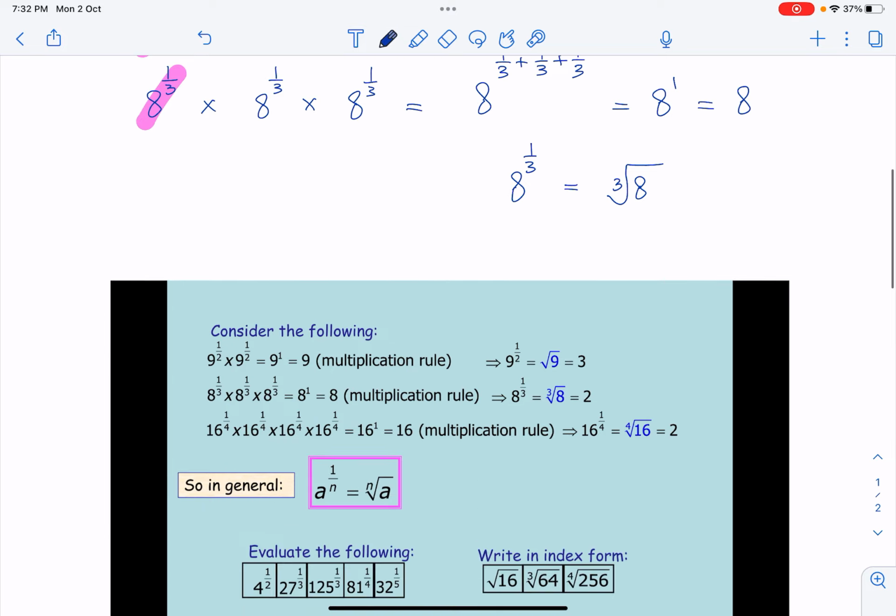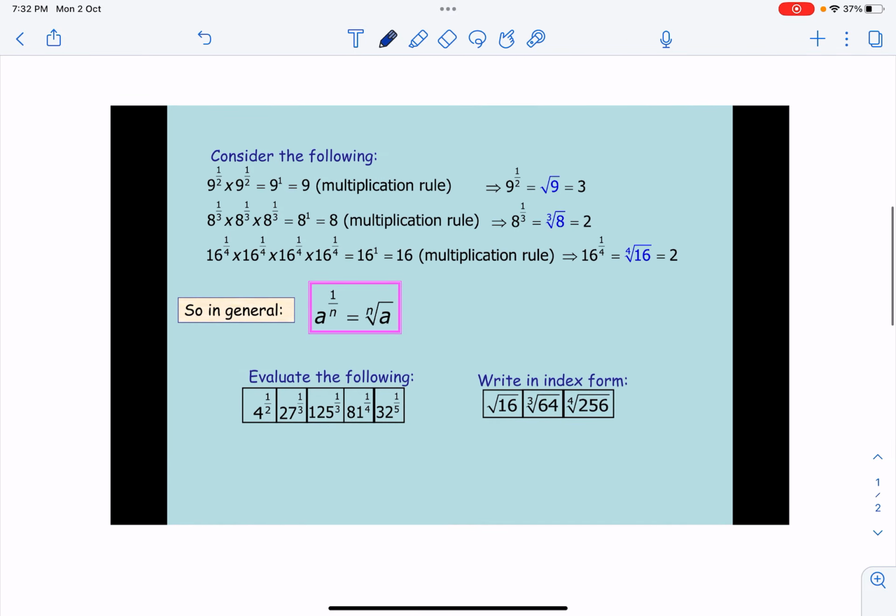Knowing this, a similar example will be the fourth root of 16. If you multiply that by itself 4 lots, then you have 16 as an answer. So then we can conclude that 16 power 1/4 is actually the same as the fourth root of 16.